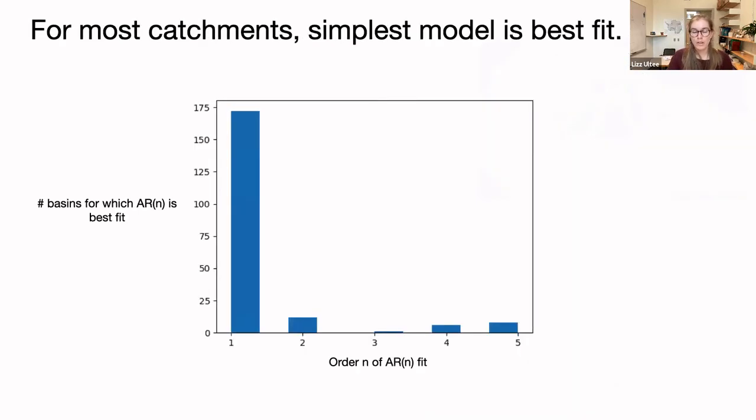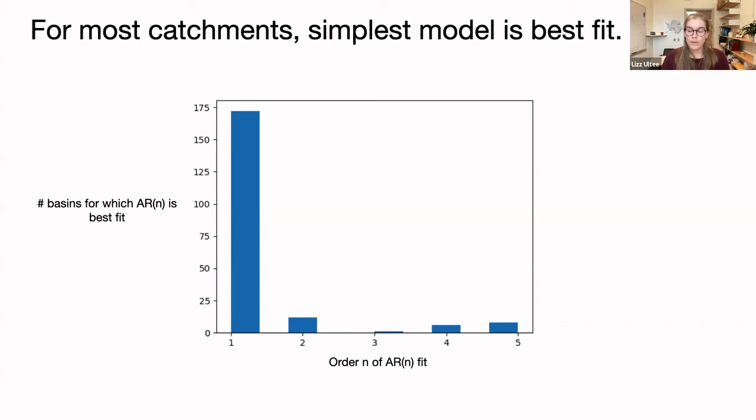With these annual fits, we find that for most catchments on the Greenland ice sheet, of the 200 outlet glacier catchments that we simulated, the simplest available temporal model is generally the best fit. So we see that first order autoregressive models are quite dominant. They're the best fit for about 175 of the 200 catchments in this histogram.